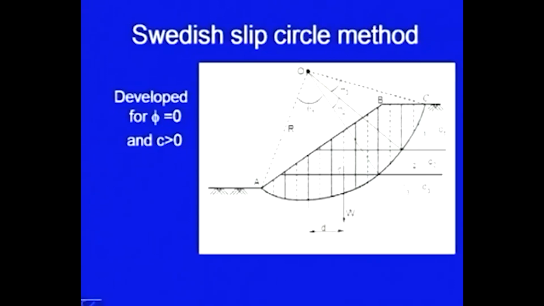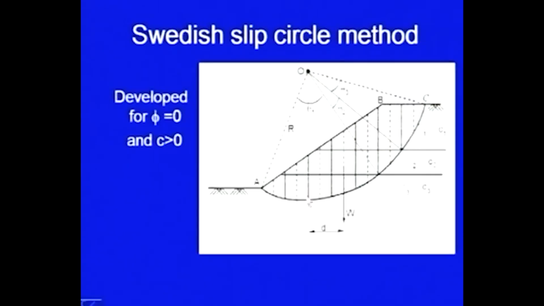So, when we divide the mass into slices, theoretically you can divide in as many number as possible, you can take whatever width you want to take, but to make the calculation simple, what we do is this is the vertical line.